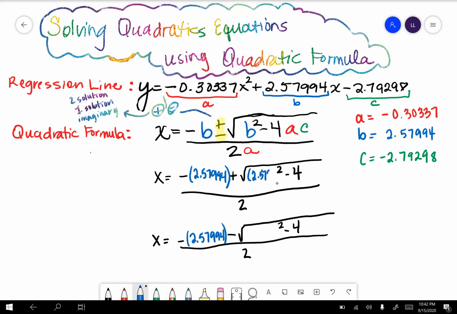But if your B came out to be negative, you need to make sure you put that negative inside the parenthesis with your B, okay? If you don't, it is going to come up with a different answer. So you want to make sure you have that in there. All right, A, we plug that in now. And you see my A is negative, right? So I'm going to write negative here.